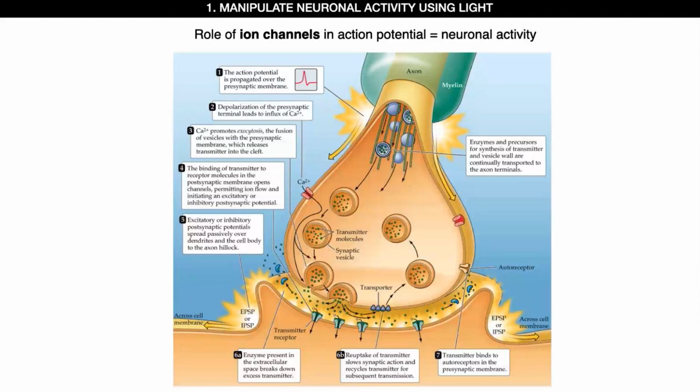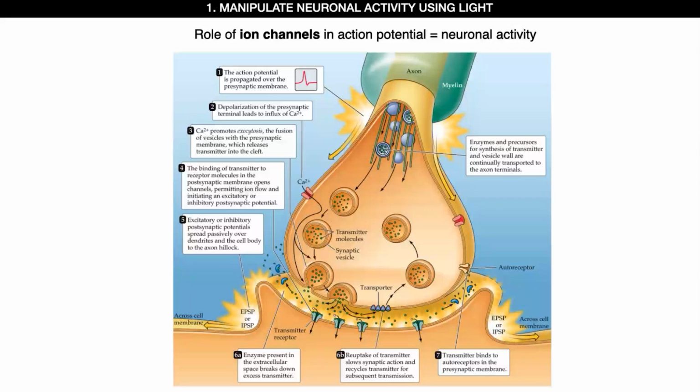So what is happening during the action potential, and I don't want to go through all the details because it's going to be a completely different class, but eventually the first step of the beginning of an action potential is the influx, the entrance of calcium within the cells, and the possibility of releasing neurotransmitter between the pre and the postsynaptic neuron.